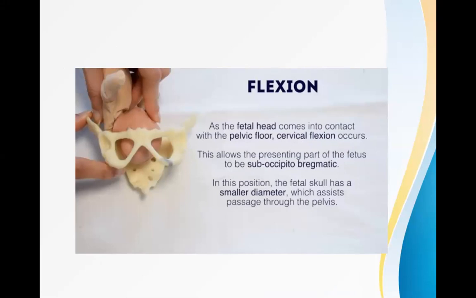Just now what I told you, what is the principle of this flexion? The principle of the flexion is the presenting part wants to become as small as it can, and this is the smallest one, the suboccipito-bregmatic, just 9.5 centimeter. This is the purpose of flexion. In this position, the fetal skull has a smaller diameter which assists passage through the pelvis easily.